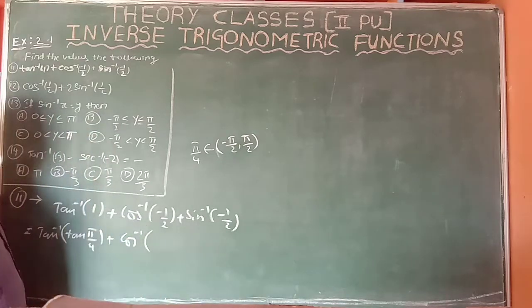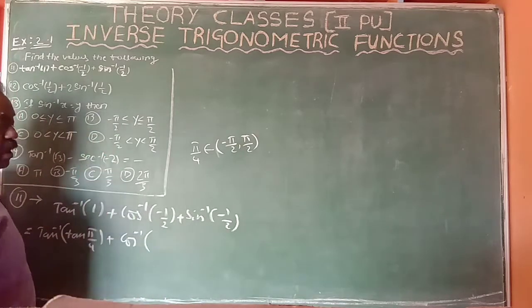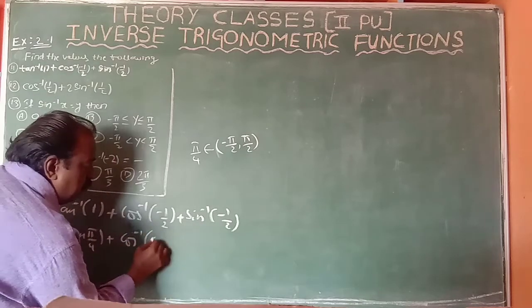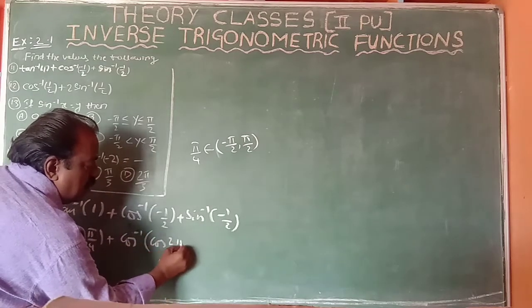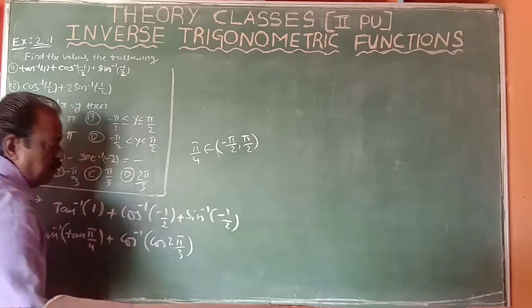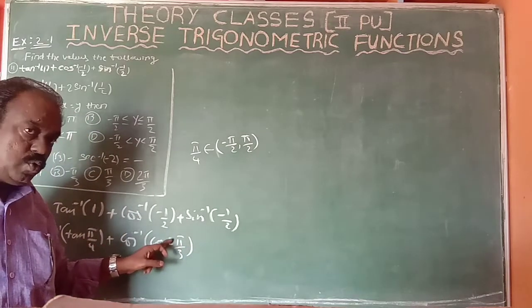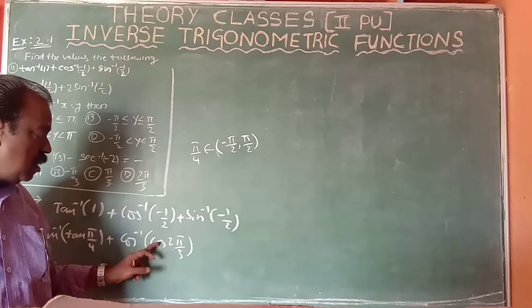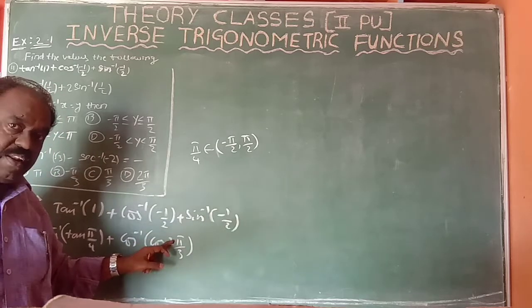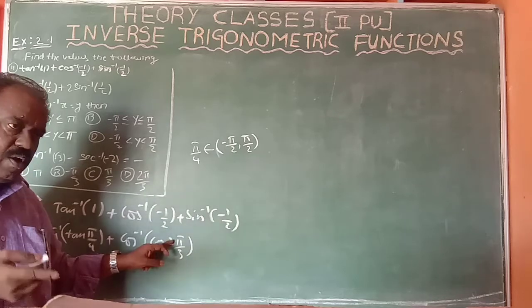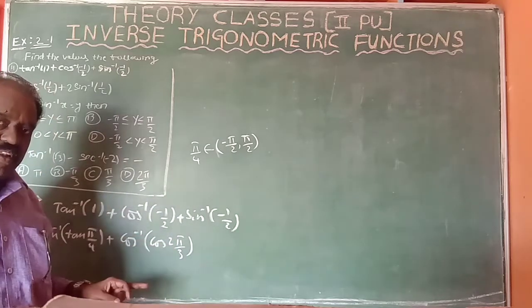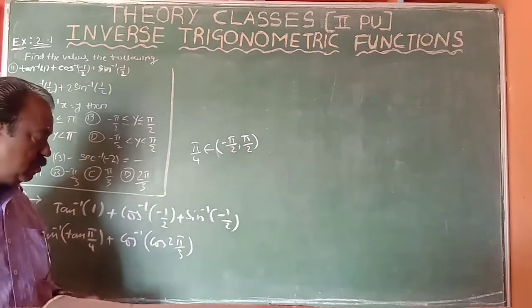Again, cos inverse of minus 1 by 2. Minus 1 by 2 means it is cos 2 pi by 3. Cos 120: pi by 3 is 60, twice is 120. Cos 120 is cos of 180 minus 60, which is minus cos 60, minus 1 by 2. Every time we have to utter that reason, how the formula is derived.